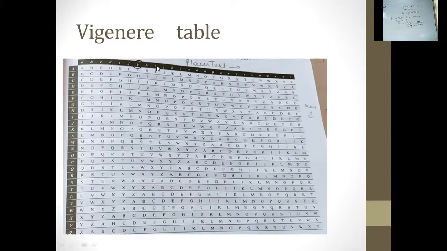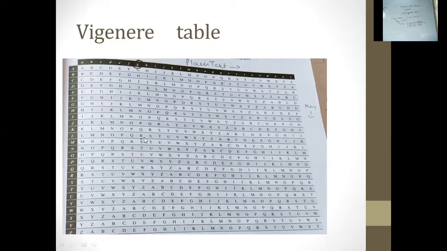The plain text letter is G and the key value is L. So I go to the key element L, and this is the G part. What answer do you get here? At the intersection of this row and column, that is R.